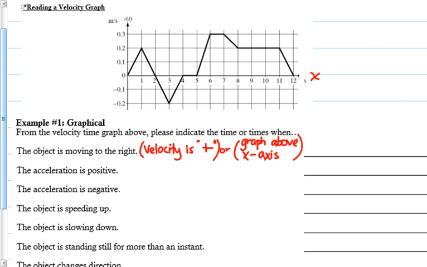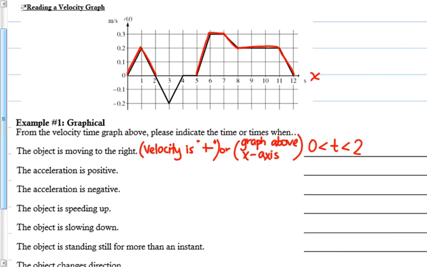All right, so when is the object moving to the right? So let's see. Here, these are all positive, positive. Oh, that's negative because it's below the x-axis. Negative, negative. 0 is not positive or negative. So, oh, here we go. Positive, positive, positive. Okay, so all of this red stuff, that is when the object is moving to the right or forward. So I would say, okay, from 0 to 2, the object is moving to the right.